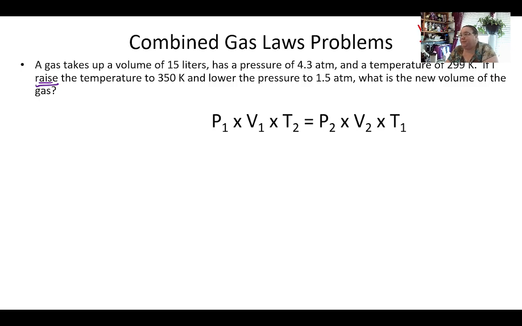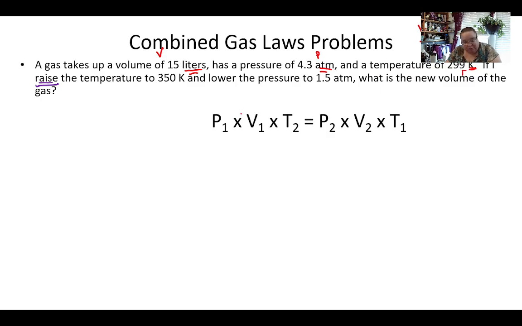Pressure is typically in atmospheres or kilopascals. So the unit tells you a lot about it, even if we don't have the extra words. The fact that that says liters is telling me that this is my volume. The fact that this says ATM is telling me that this is a pressure, and that has Kelvin is telling me that it's a temperature.